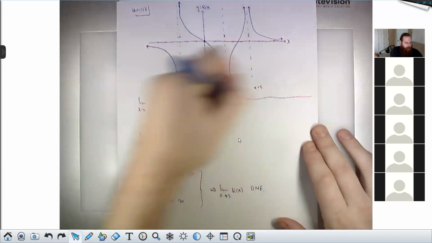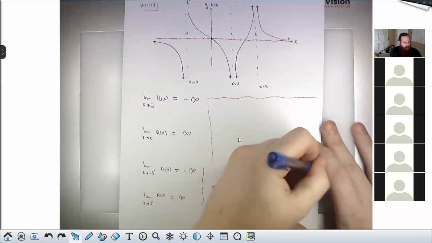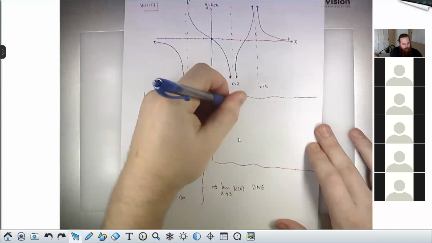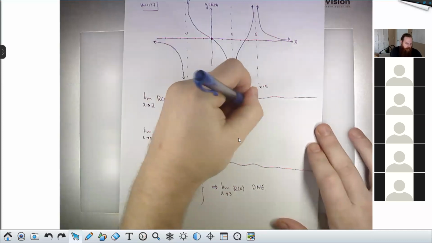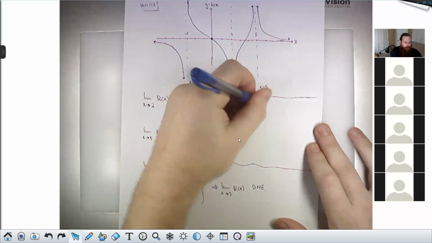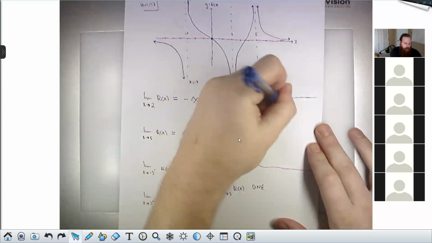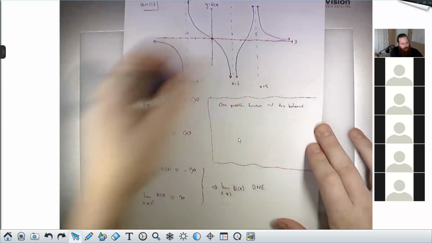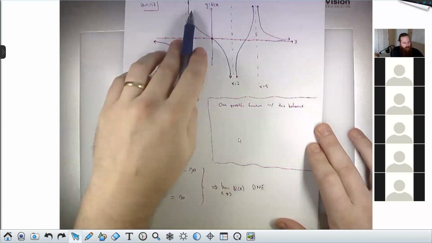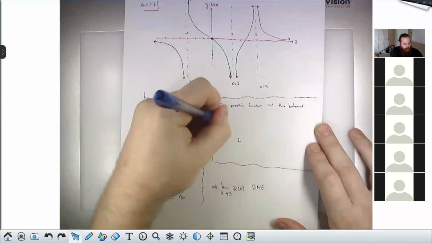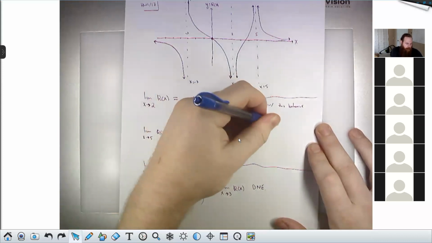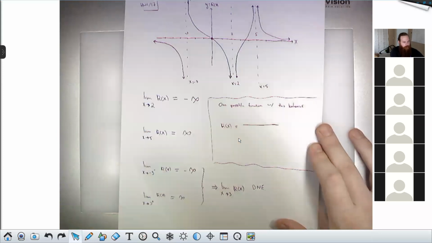This is not a part of the problem. I'm just going a little bit deeper here. But one possible function with this behavior: the VA at -3 has to come from a factor of x plus 3 downstairs, because that will make the bottom 0 when x is -3.